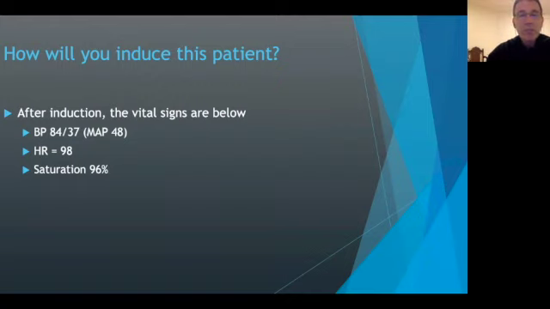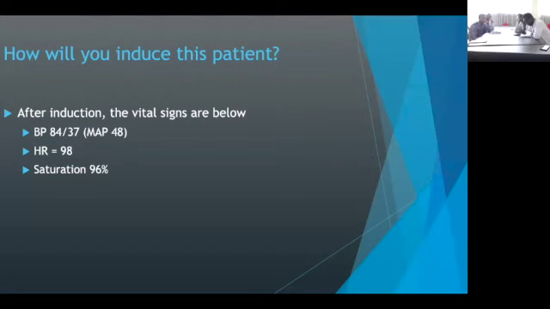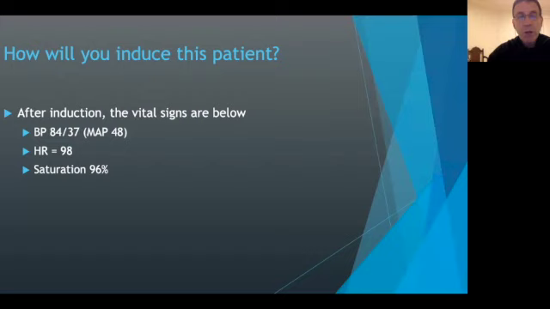So giving them some sort of vasopressor like adrenaline, and then giving them a small dose of some fluids is also good. There will be other vasopressors that you're going to read about that you could give. One's called phenylephrine. It's an alpha agonist.